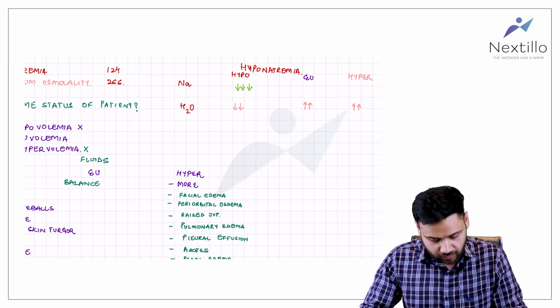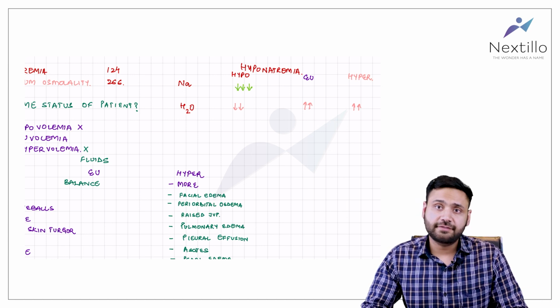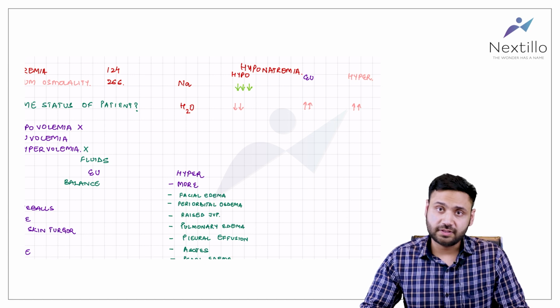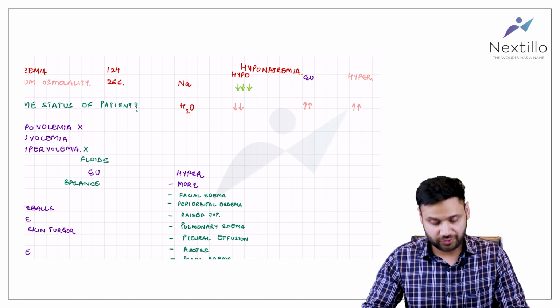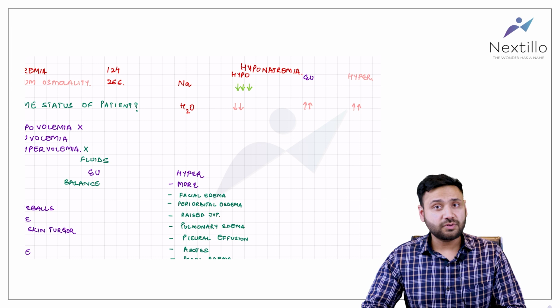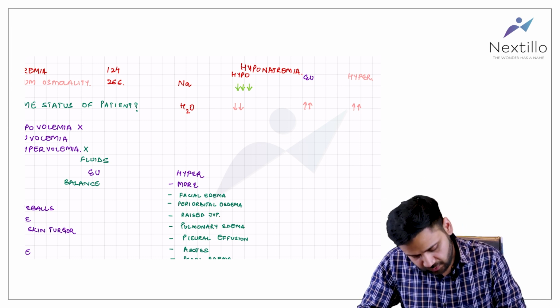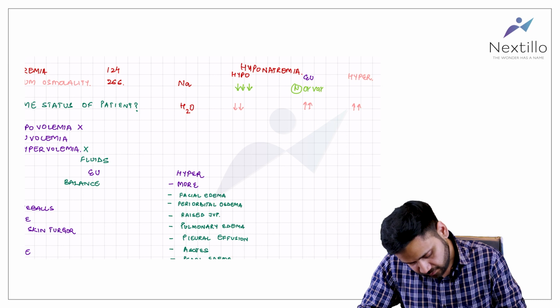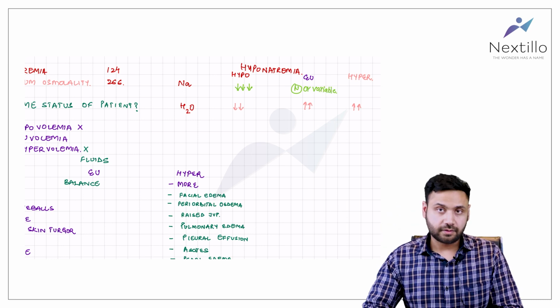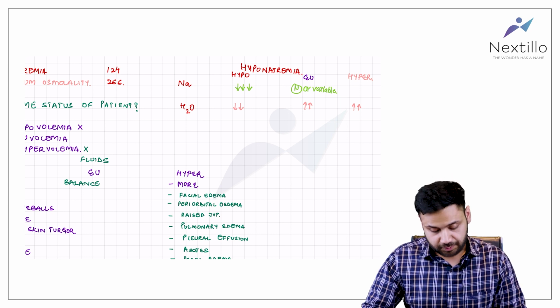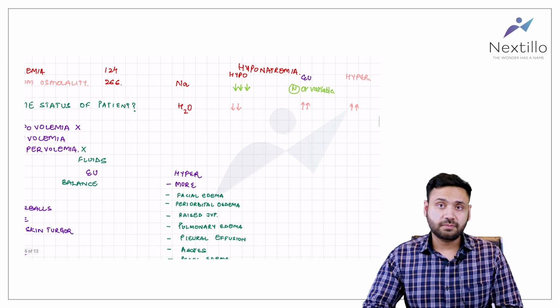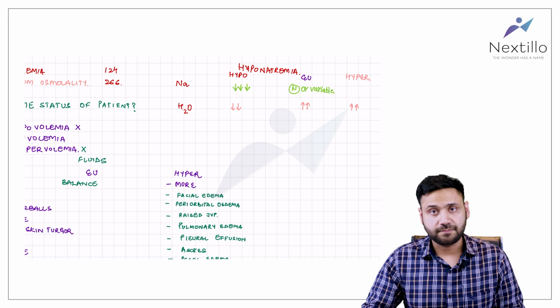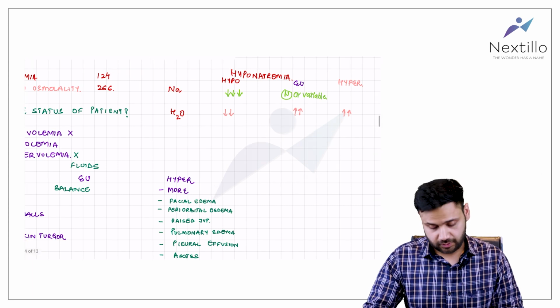So, what happens if there is euvolemic hyponatremia? There is euvolemia and hyponatremia. The amount of sodium is usually normal or it could be variable. Right? Because there is increased amount of water in the body, there is hyponatremia in euvolemia.